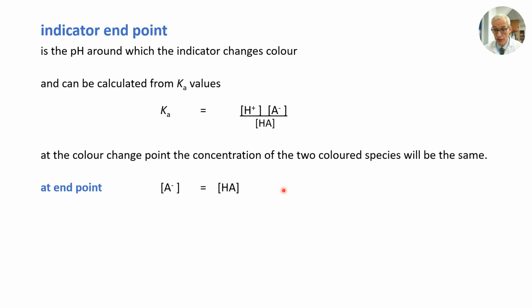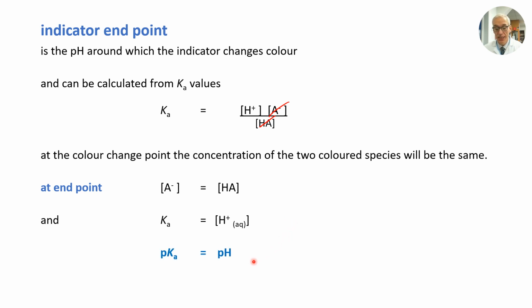So to transition from one color to the next, we must go through a point at which the two colored species are there at the same concentration, and we call that the end point. Therefore, those two concentrations will cancel out, leaving us with Ka equaling the concentration of H+ ions.